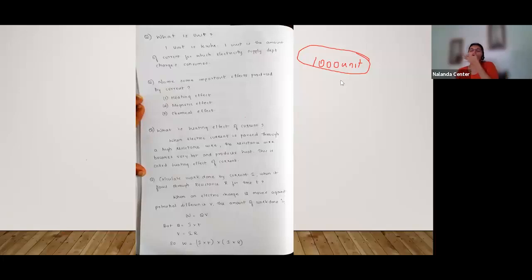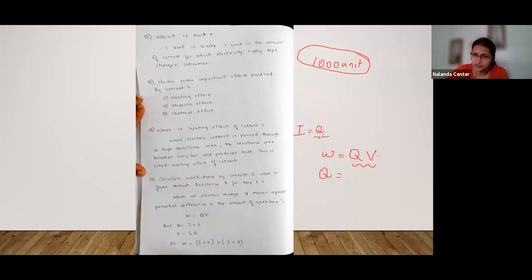Okay. Now, how do you calculate the work done by a current when it is passing through a resistance for time t? See, work done is equal to another formula, which is Q into V. We are going to derive I square RT from this. Now, what is Q? If you see current, what is current?